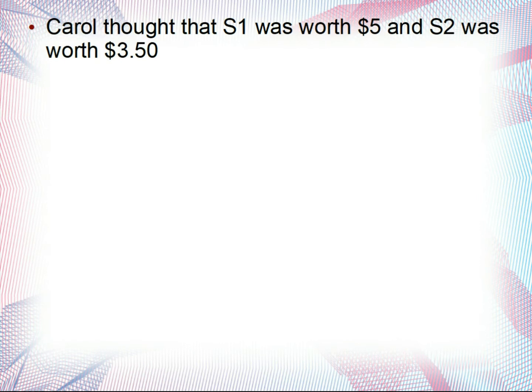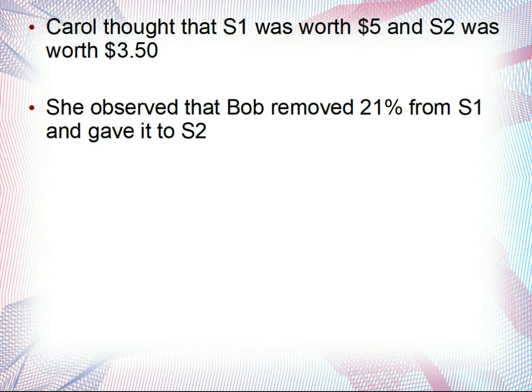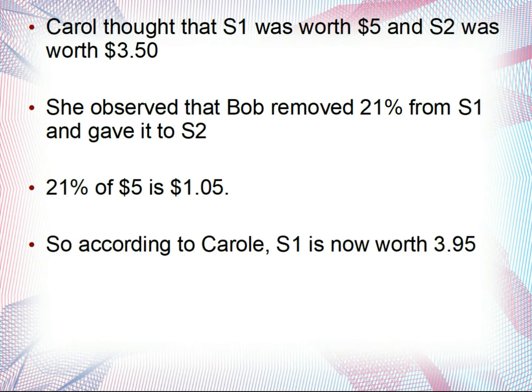So Carol thought slice number 1 was worth $5 and slice number 2 was worth $3.50. She observed that Bob removed 21% from slice 1 and gave it to slice 2. So 21% of $5 is $1.05. You figure this out by just taking 0.21 times 5. So according to Carol, slice number 1 is now worth $3.95.